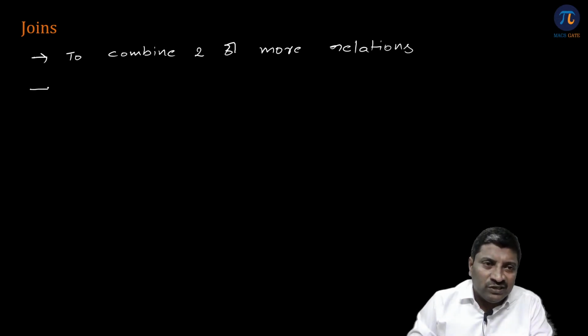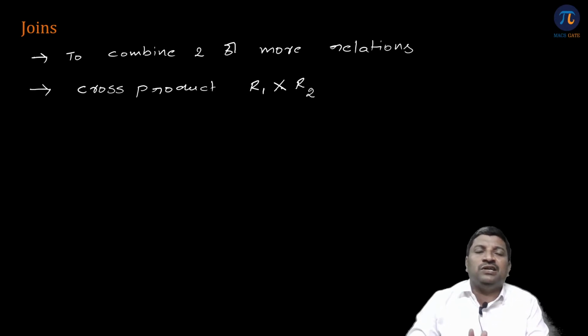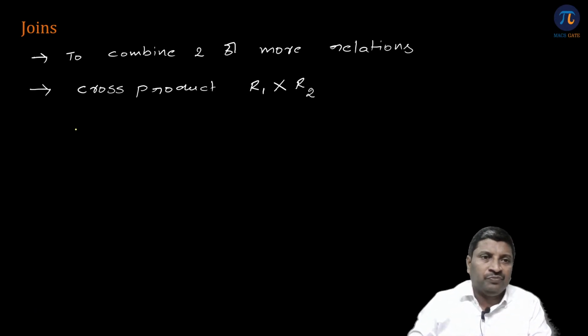When we were discussing relational algebra, we discussed what is a cross product of two relations. Suppose R1 is the first relation, R2 is the second relation. Then the cross product is generally denoted like this. For that, how to write the SQL query?